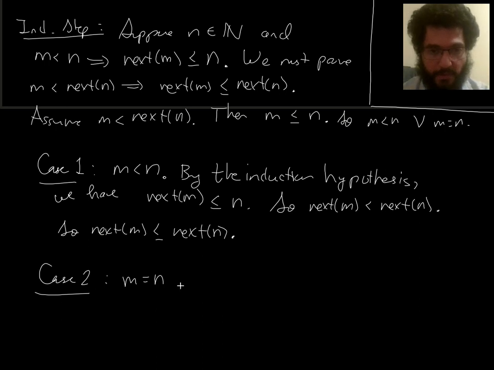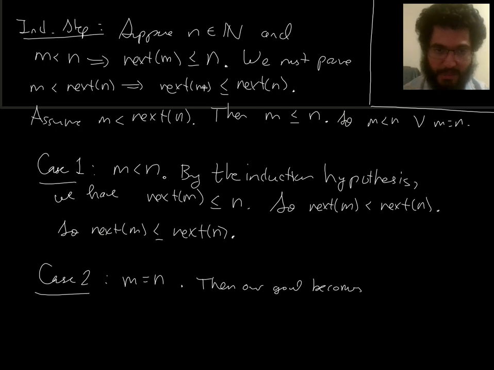Now what about the case m equals n? Then let's write down what we want to prove. Our goal becomes next m less than or equal to next n. If m is the same as n, then this is equivalent to next n is less than or equal to next n.